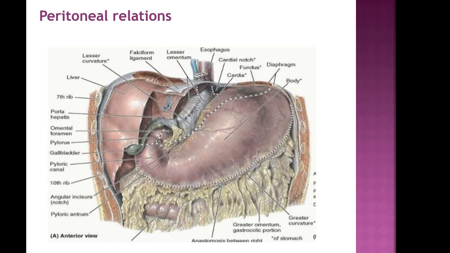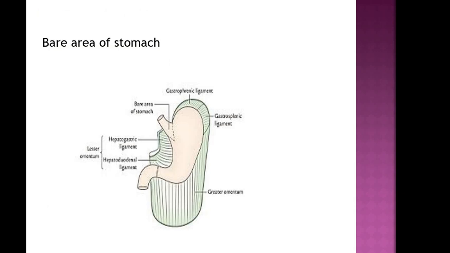Then we will study the relations of the stomach, the peritoneal relations. First, the lesser curvature of the stomach gives attachment to the two layers of the lesser omentum. The greater curvature of the stomach gives attachment to the greater omentum, and also the gastrosplenic and gastrophrenic ligaments. You see, this is the gastrosplenic and gastrophrenic ligament.